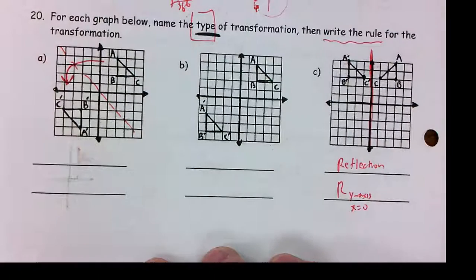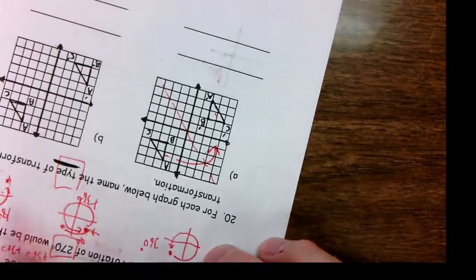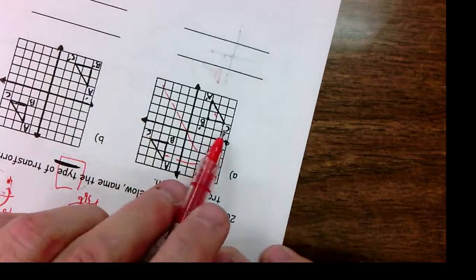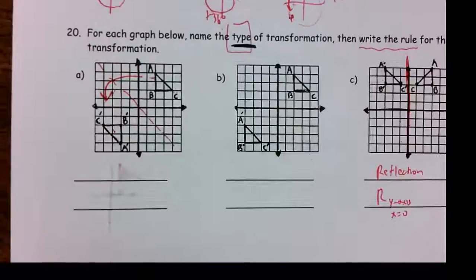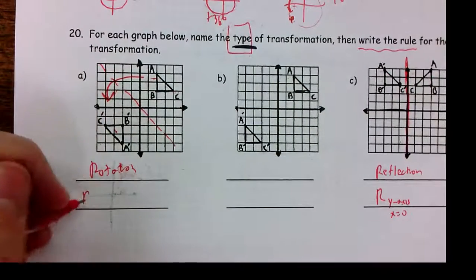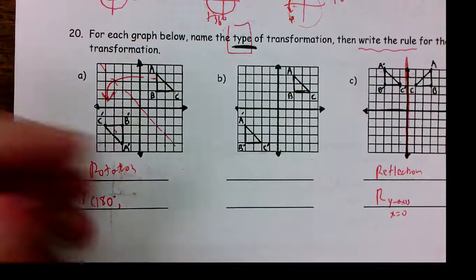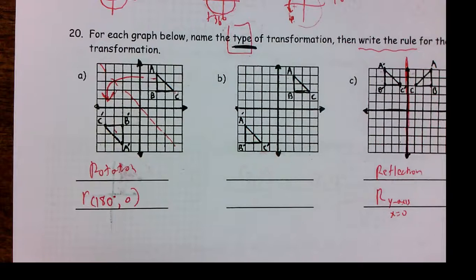And it's rotating that way 180 degrees. And so when it rotates, it would look like that. So you could actually rotate it and see it would look exactly the same. Notice how the C ended up where the C prime was. So this is a rotation, and it's a rotation of 2 quadrants, so that's 180 degrees around the origin.